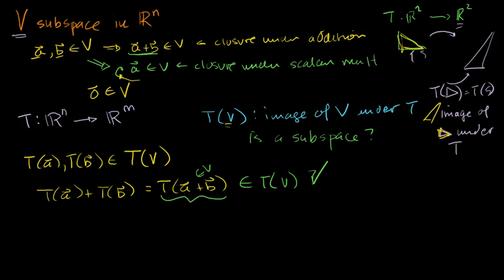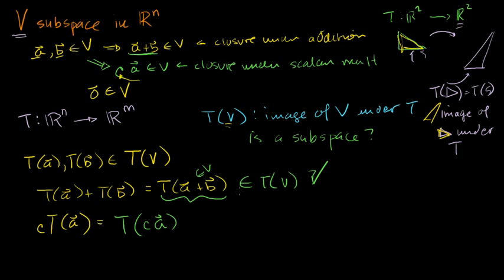Now, let's ask the next question. If I take a scalar multiple of some member of my image of V under T, my T of capital V right there, what is this equal to? By definition, for a linear transformation, this is the same thing as the transformation of the scalar times the vector.